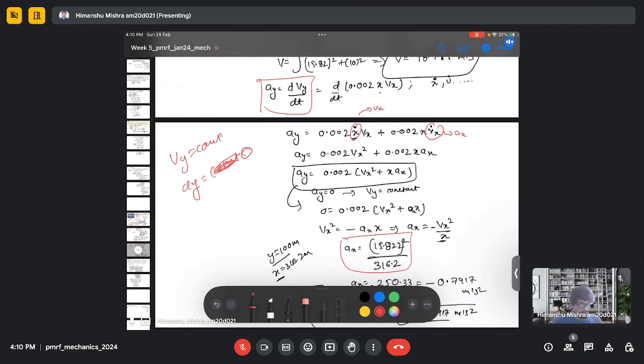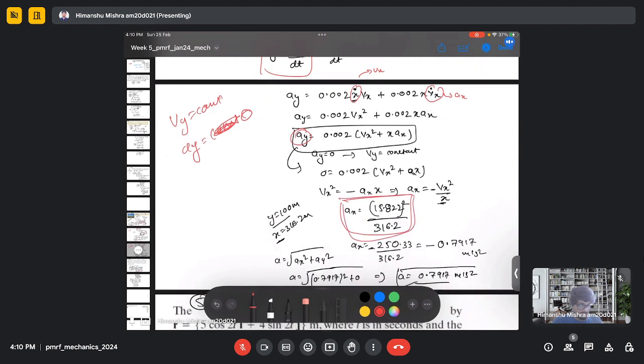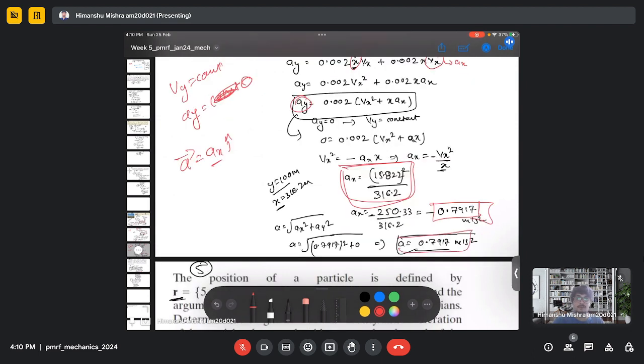So ay is simply 0, and then we calculate ax. Now the acceleration vector is completely defined by only the horizontal component of acceleration, so my ax and my overall magnitude of acceleration will be the same.